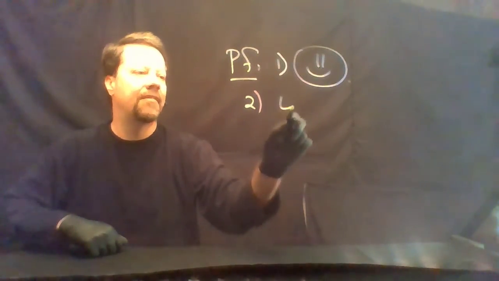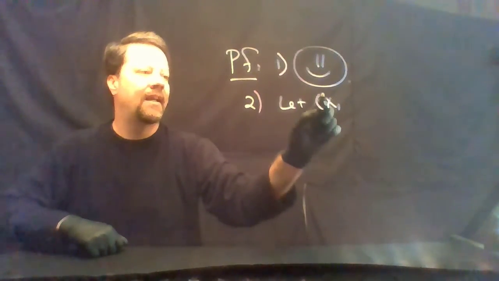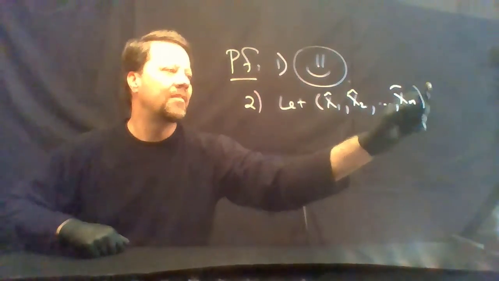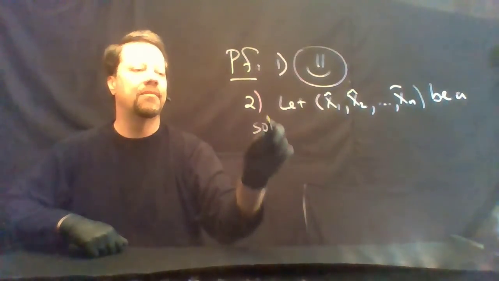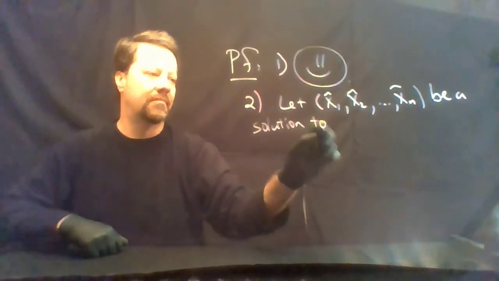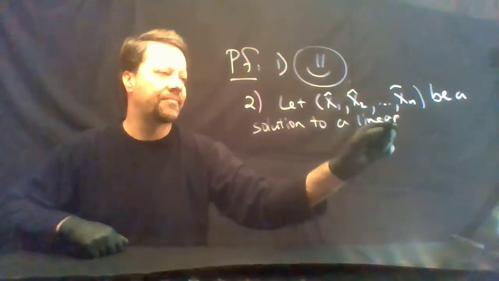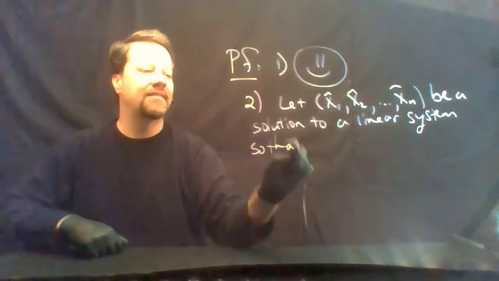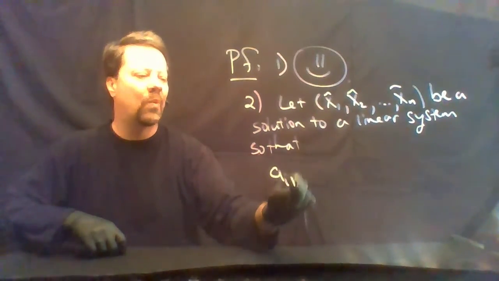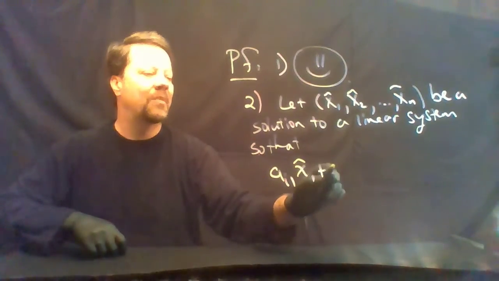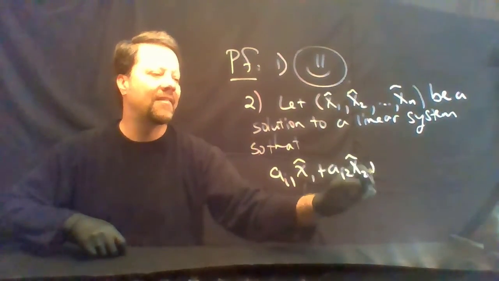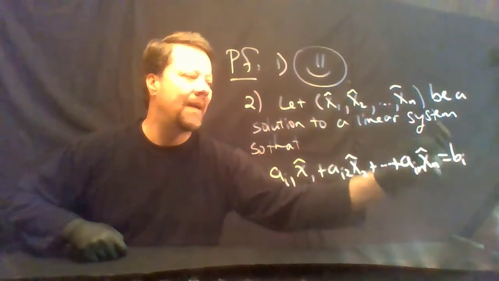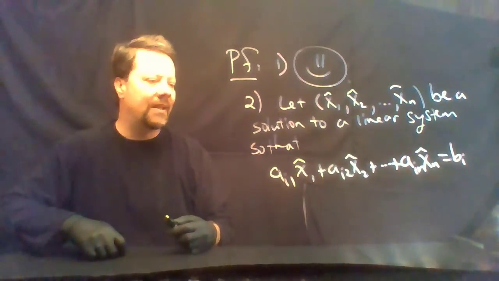If you have, let's say, x1 hat, x2 hat through xn hat, let this be a solution to a linear system so that a_i1 x1 hat plus a_i2 x2 hat plus through a_in xn hat equals b sub i, where i goes from 1 to n.